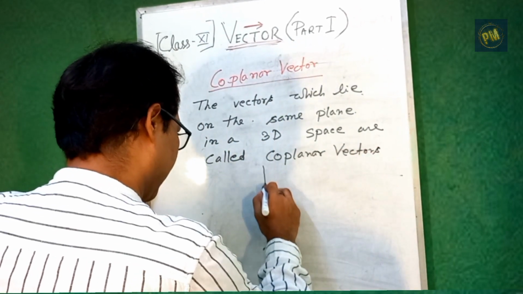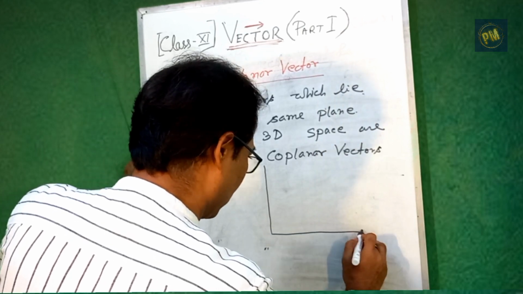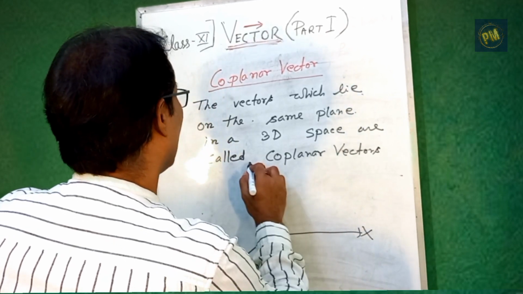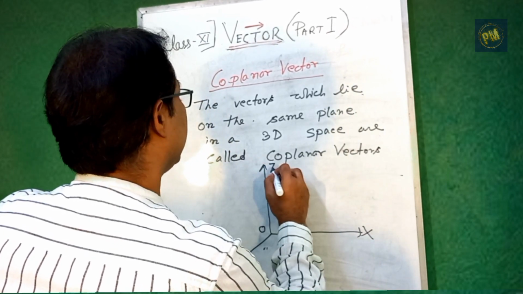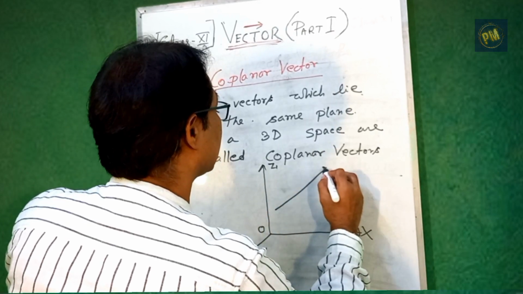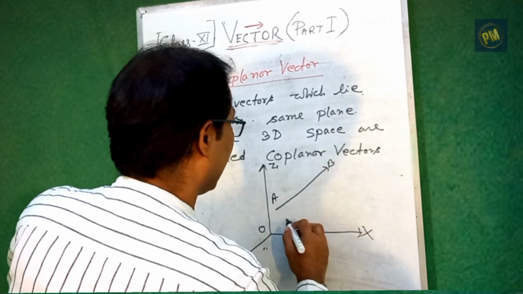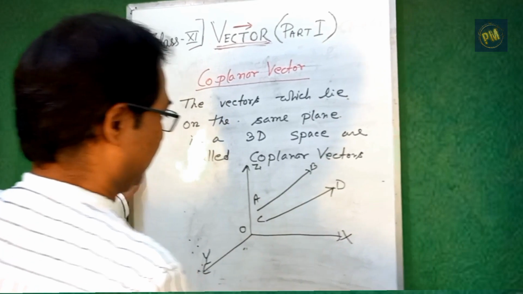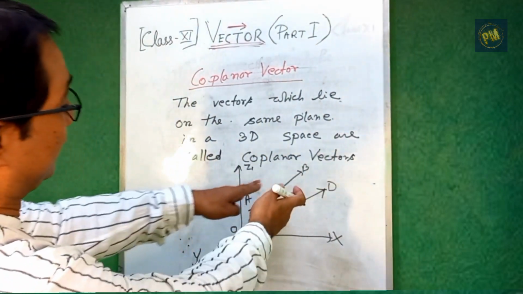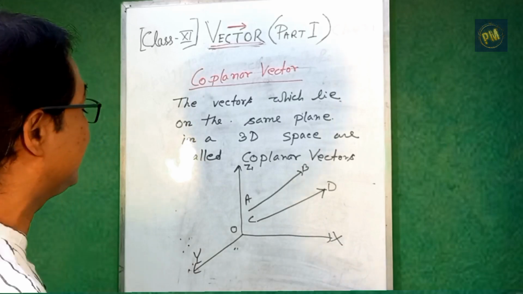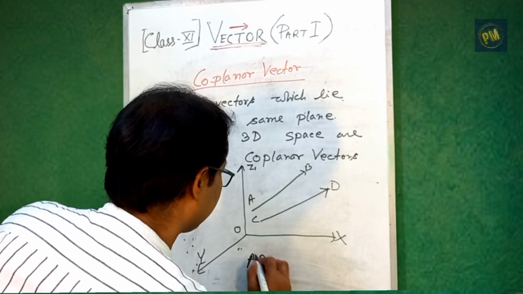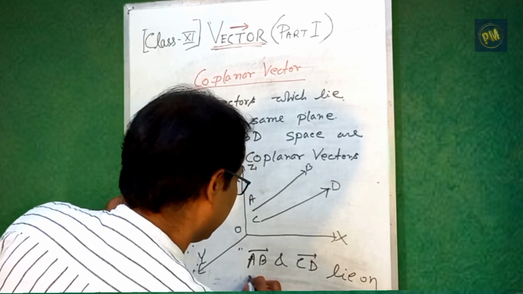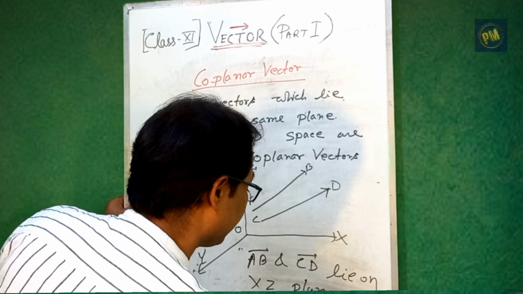Let us take a three-dimensional Cartesian coordinate system OX, OY and OZ. Let us take two vectors AB and CD. These two vectors AB and CD are coplanar because they lie on the xz plane.